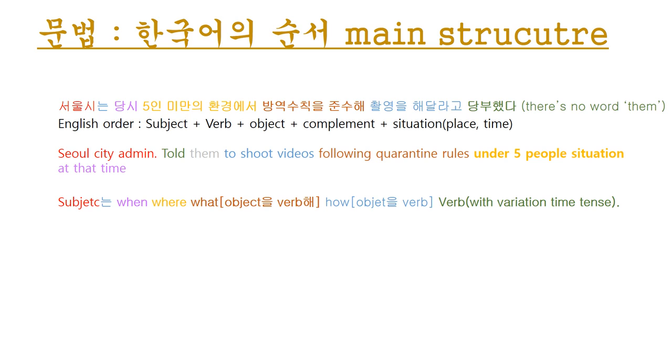Subject는, when, 당시, it means at the time; 5인 미만의 환경에서, it means where; 방역 수칙을 준수해, what, but it's a clause, consists of object을 verb 해; how, 촬영을 해달라고, 촬영 object을 verb 해달라고, it's a clause; 당부했다, it means told.